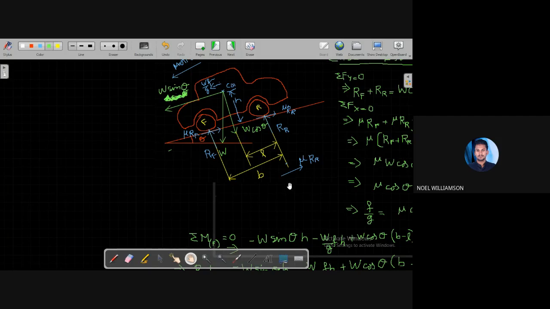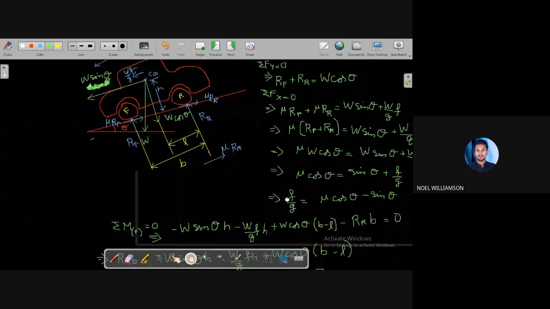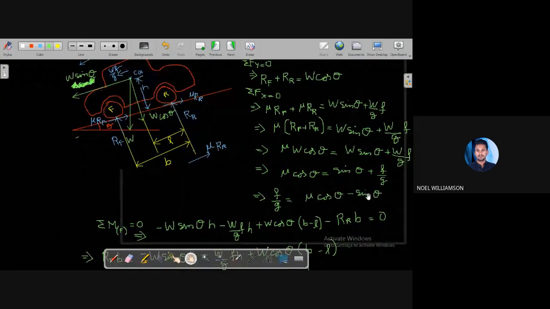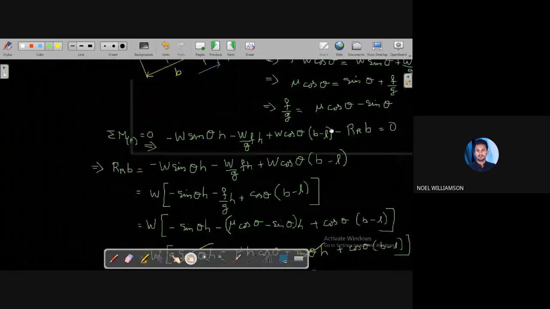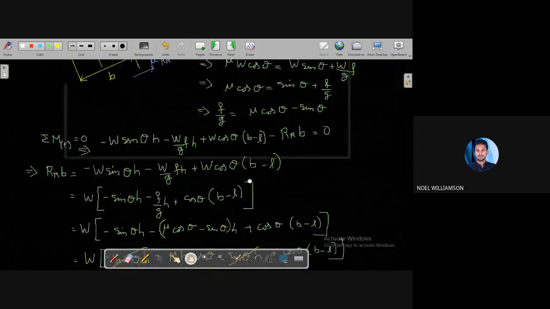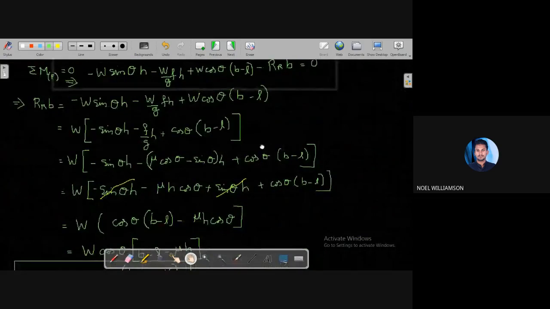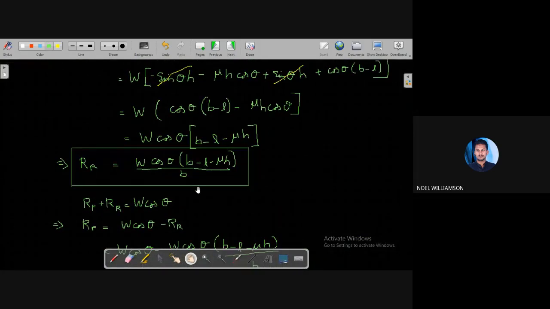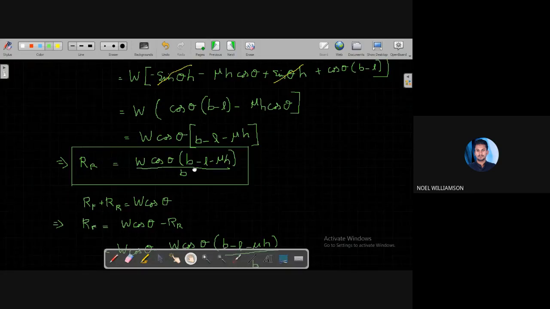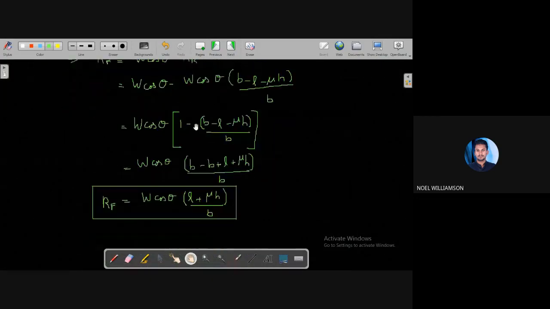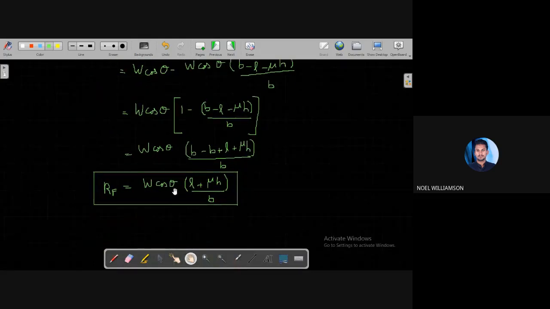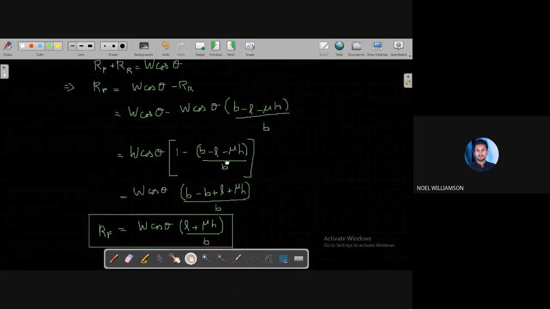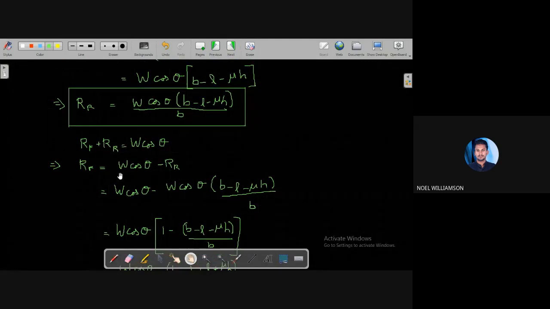So in the value of F by g, sin theta will change, the other things won't change. Regarding RF and RR, there will be no change. In RR we use only the cos theta component, and RF also uses cos theta, so there will not be any change in RF and RR.